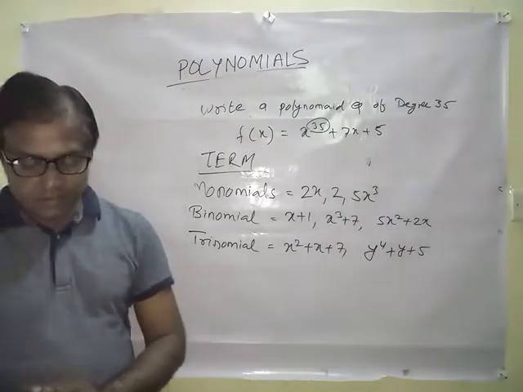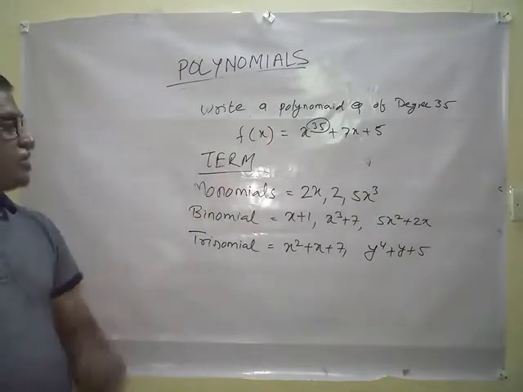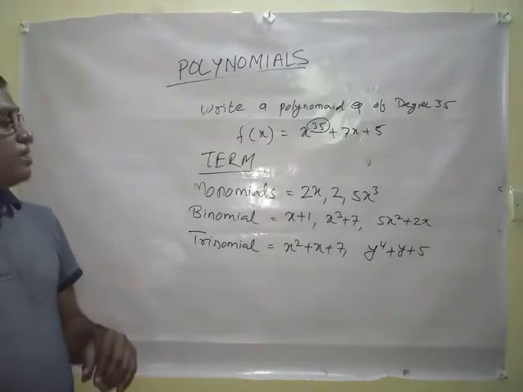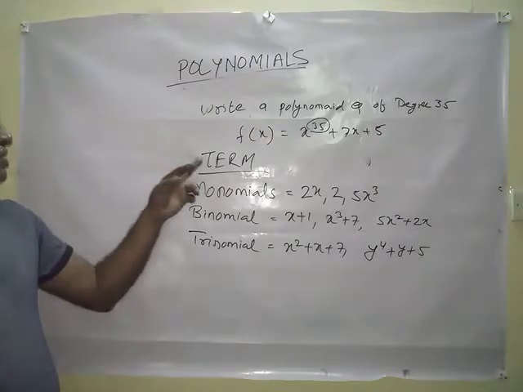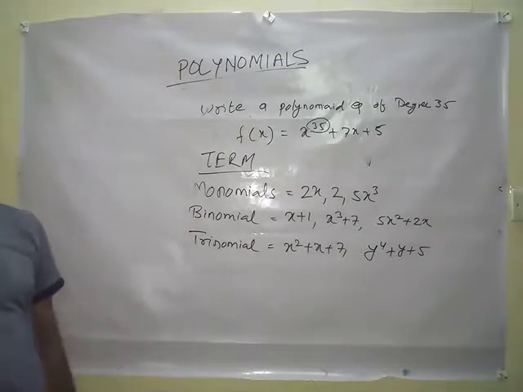We have seen term, we have seen coefficient, we have seen one variable, two variable. Based on the terms, we have seen monomial, binomial and trinomial.